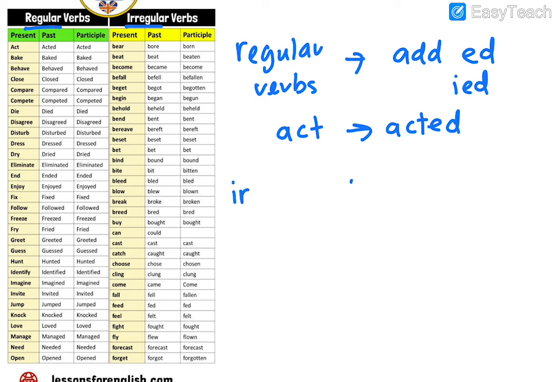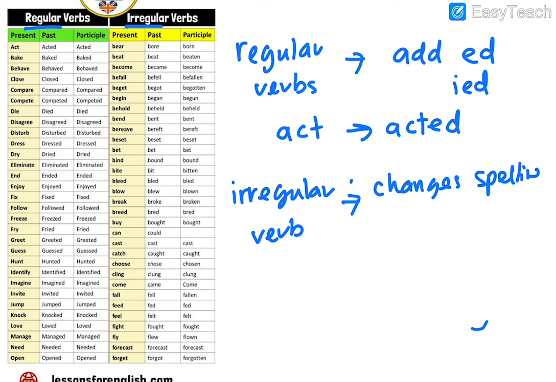But for irregular verbs, it changes spelling. As you can see, bear, bore, born. Become, became, become. Begin, began, begun.